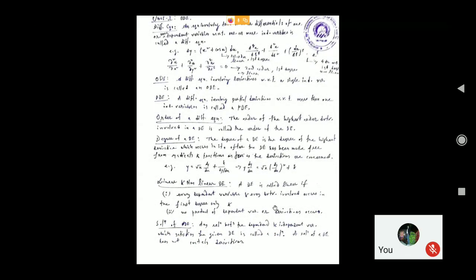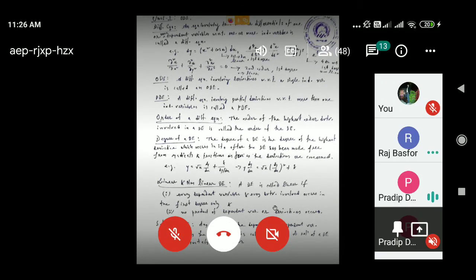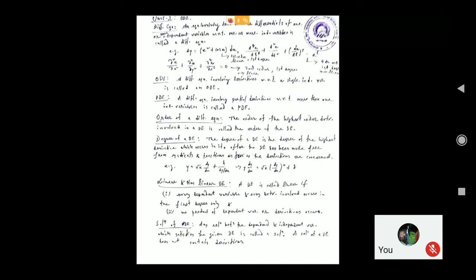So our main aim is to find the solution of a differential equation. These things are necessary to know whether it is linear, non-linear, etc., because which techniques we apply will depend on its category.